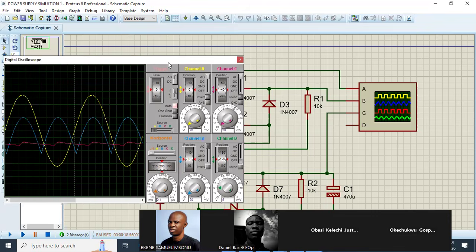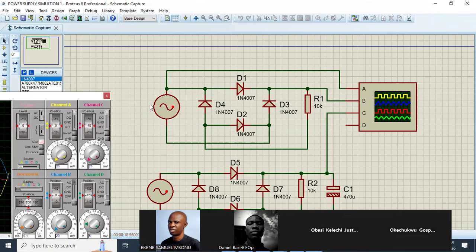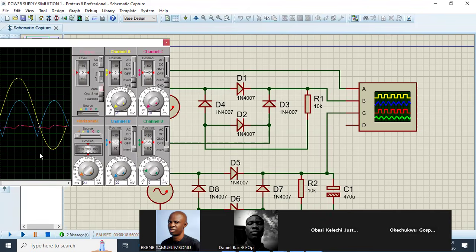It's going to be what? Then it means you didn't understand the explanation here. Look, within one cycle, this one makes double cycles. So it's going to be 100 Hz. Exactly. It's going to be 100 Hz.